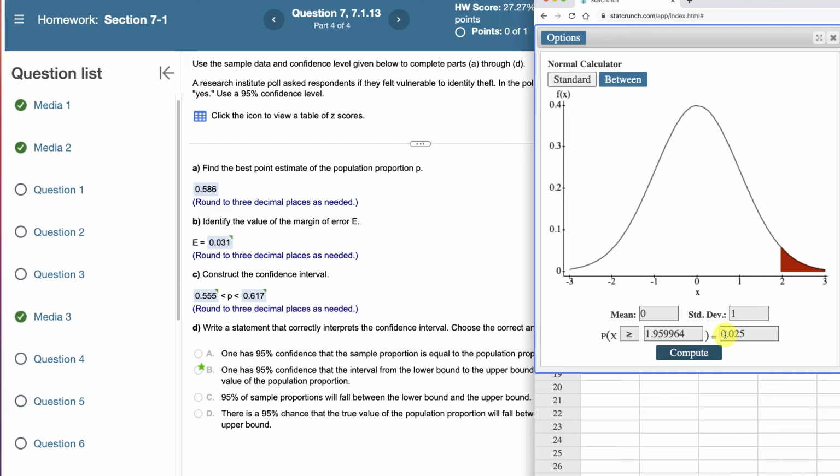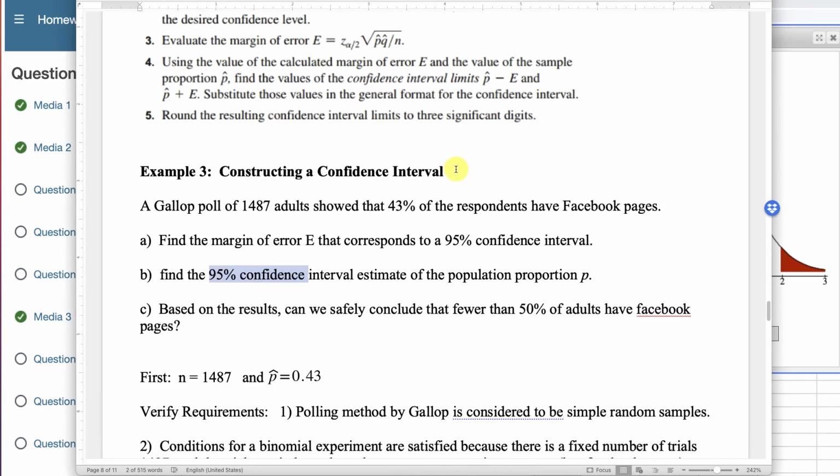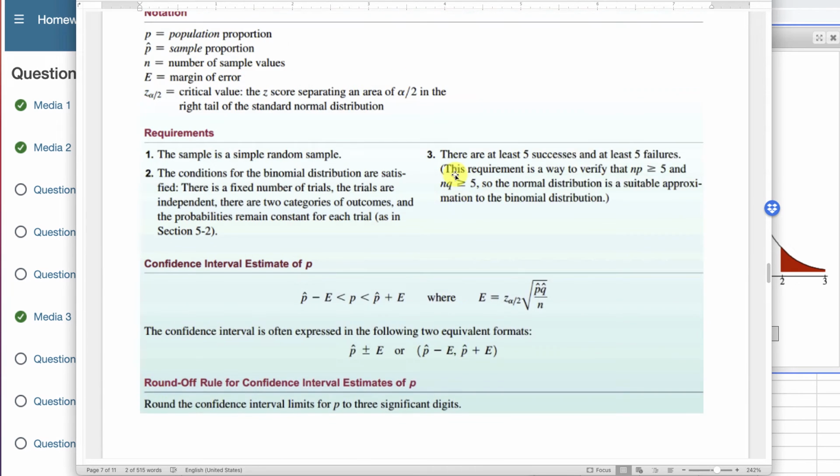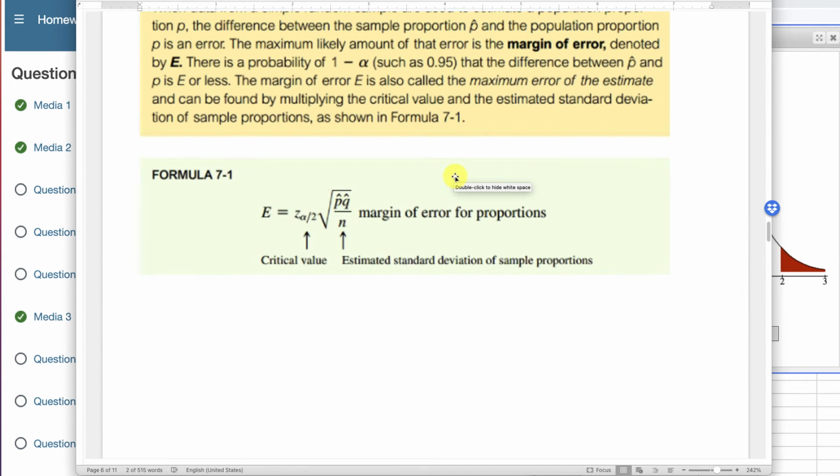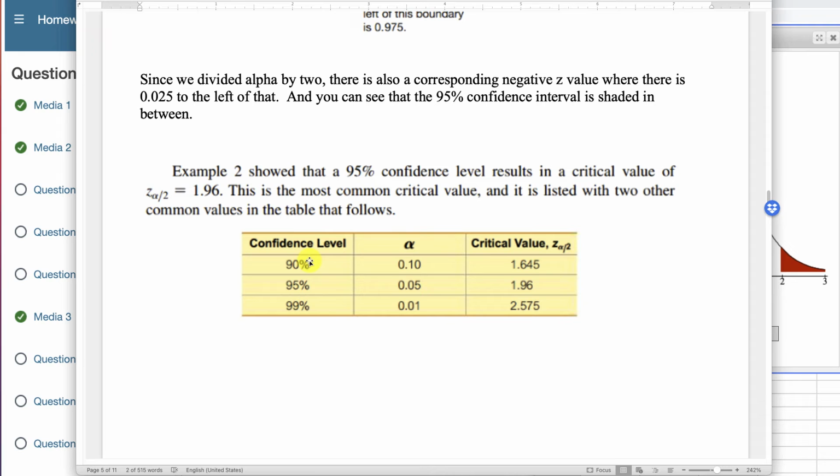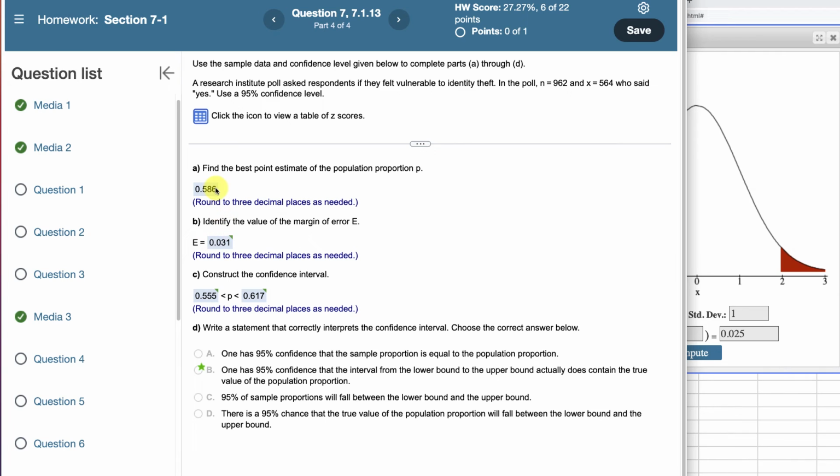Divide by 2. I get 0.025, which corresponds to the 1.96. Again, if you're getting a little confused with this, just hold on to the table that shows you the confidence level with alpha for the critical value. Here we are. 0.05 is a 95% confidence level. So we're using the same thing, 1.96.